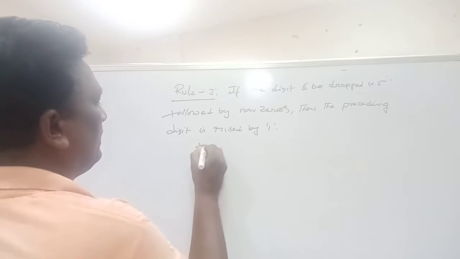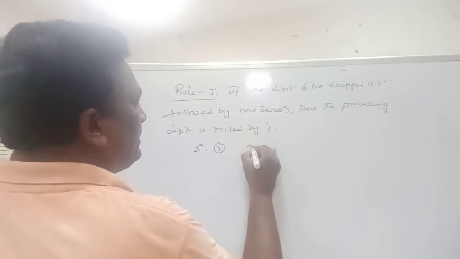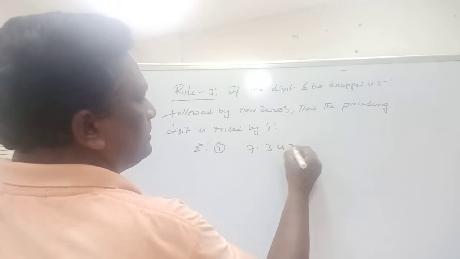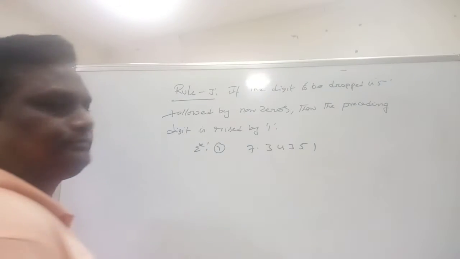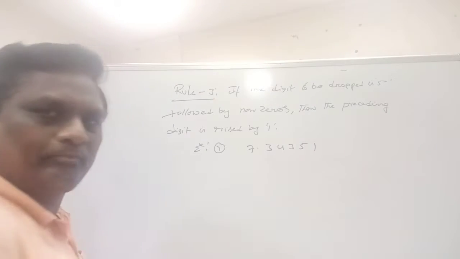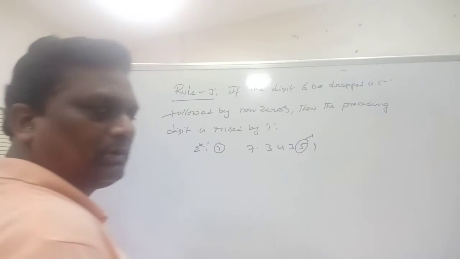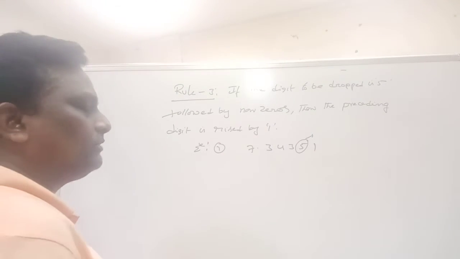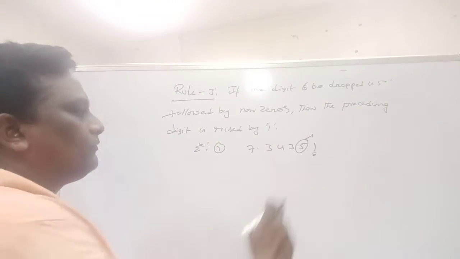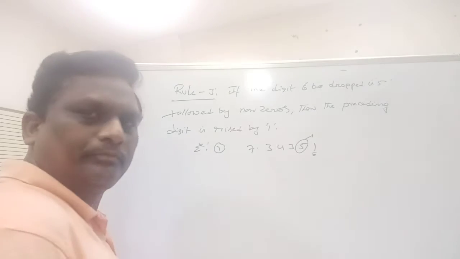Means, example, you see the first example. For example, you take 7.34351. Now, suppose if you want to drop this 5, digit 5, followed by non-zeros, here this 5 followed by 1.